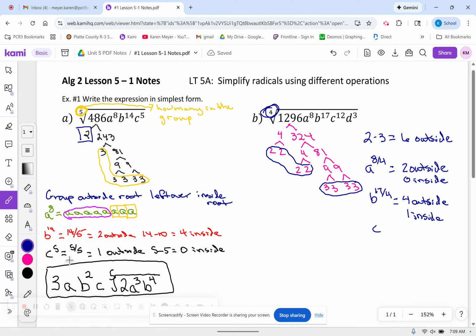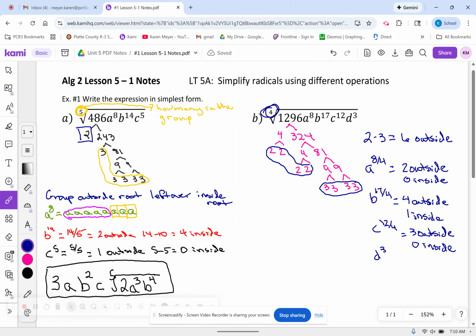For C, 12, 4 will go into 12 3 times, so I'll have 3 on the outside. And 4 times 3 is 12, so that's 0 on the inside. And D has 3.